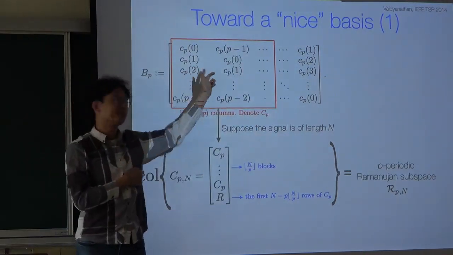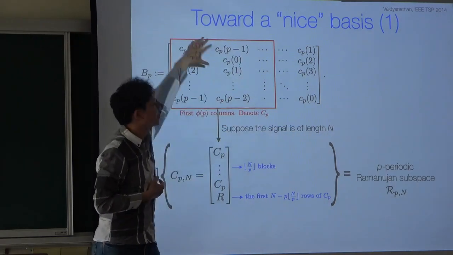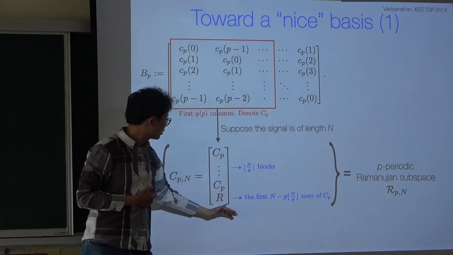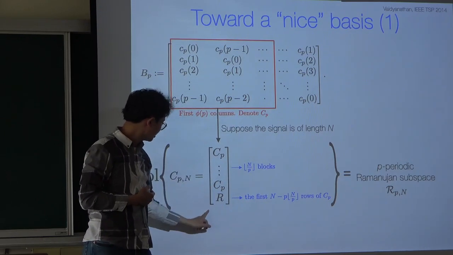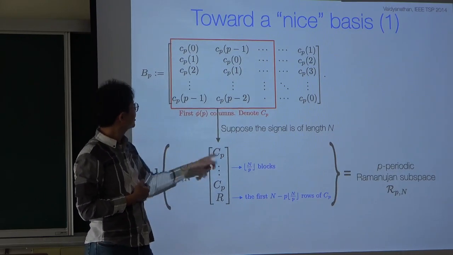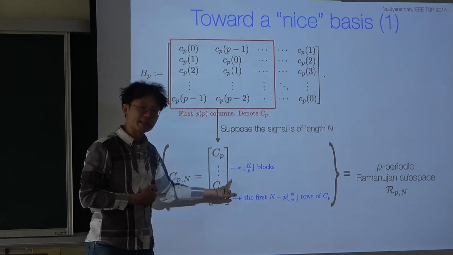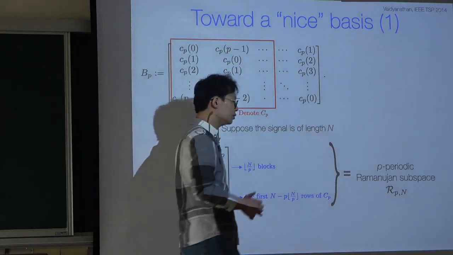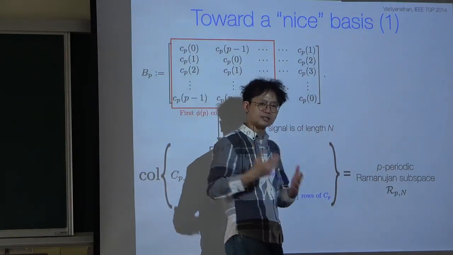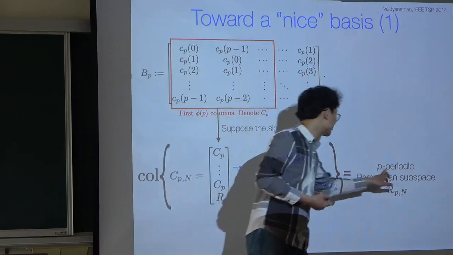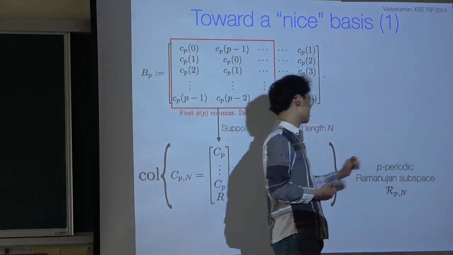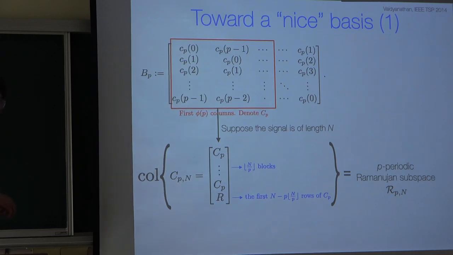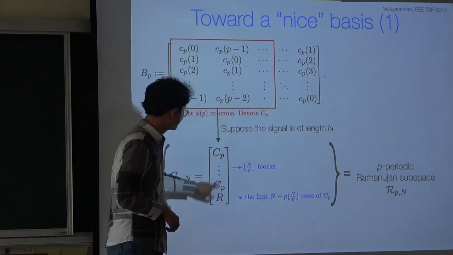And by the previous theorem, these phi(p) columns will be linearly independent. So if you put everything together, you build up a capital N by phi(p) matrix. This captures all possible p-periodic functions. That is called the p Ramanujan subspace. And you can see that all these are linearly independent.